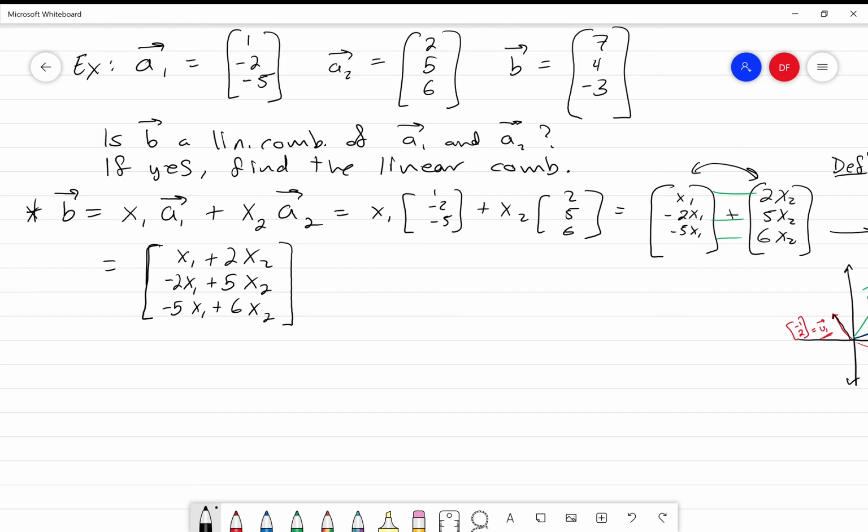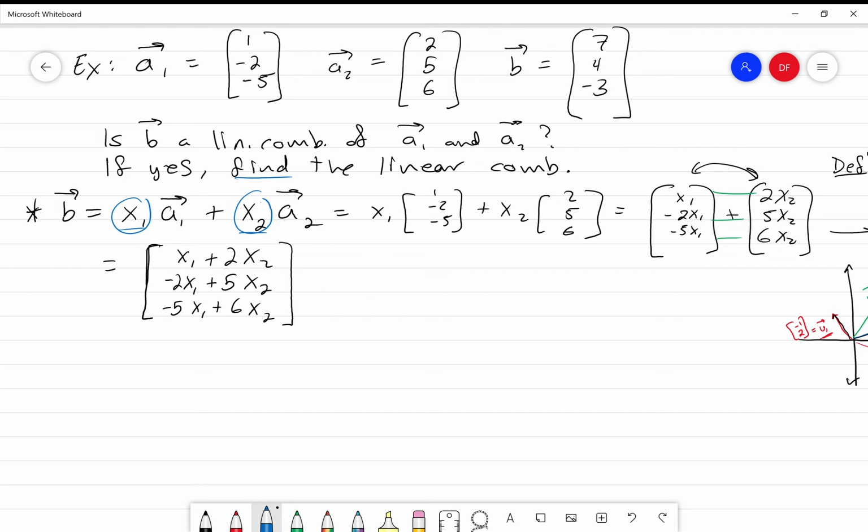Okay? And so, what is the question asking me? The question is asking me, does b equal some x1 times a1 plus some x2 times a2? And if yes, it's asking me to find x1 and find x2. Okay?